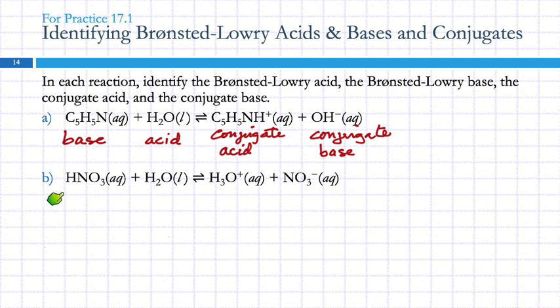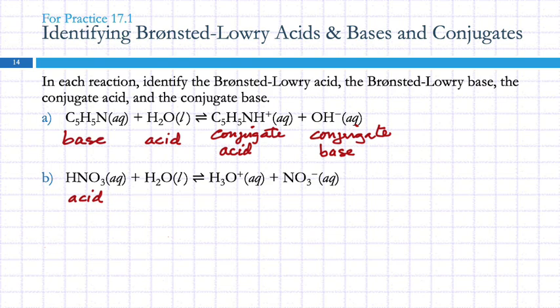Okay, let's look at B. Which one of these is the acid? HNO3. There's two ways you could identify that one. It starts with an H. So from nomenclature, we learn to recognize this as an acid. But we can also look at what happens to this guy. Over here, it's lost its hydrogen ion.